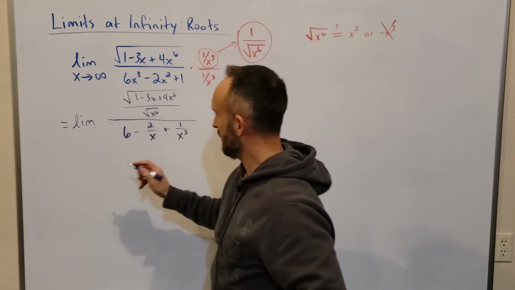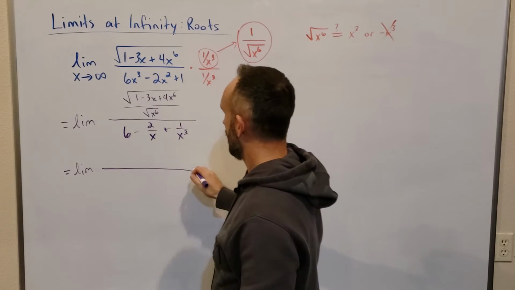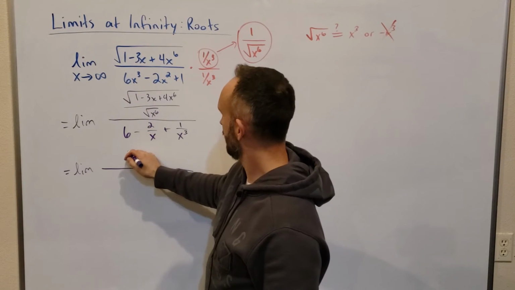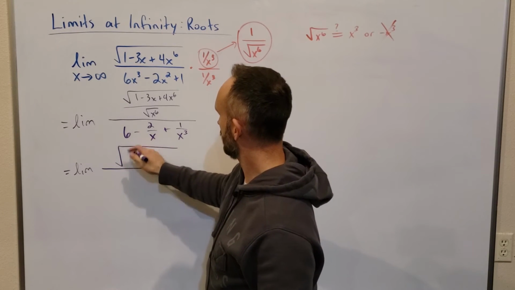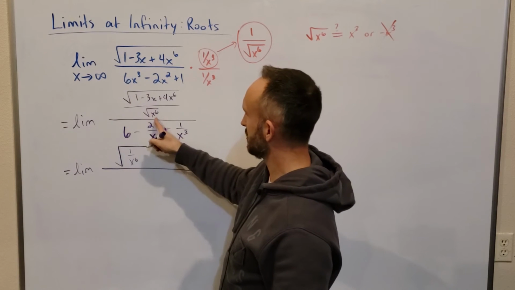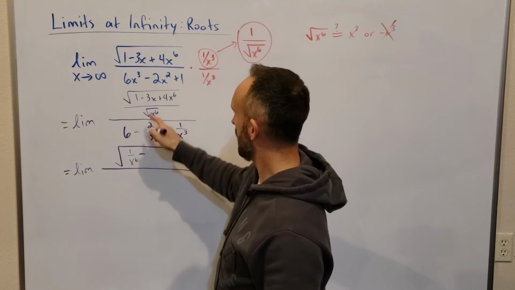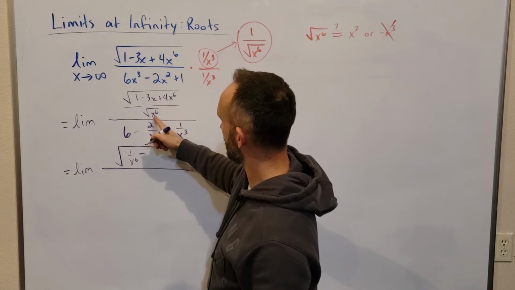And so what we get is the limit. On top, I get this big square root. So I get the square root of 1 over x to the 6th. Right, everything's housed under a square root, so I can do this. Minus 3x over x to the 6th.